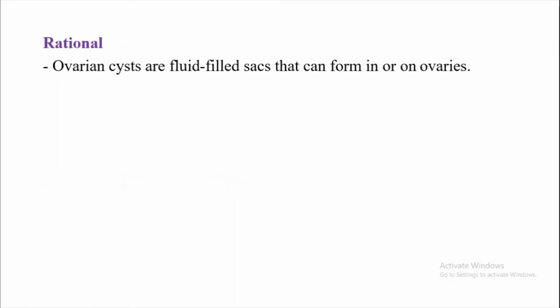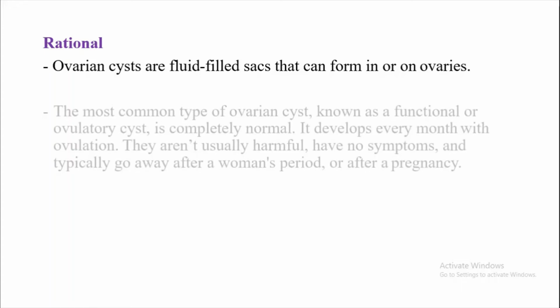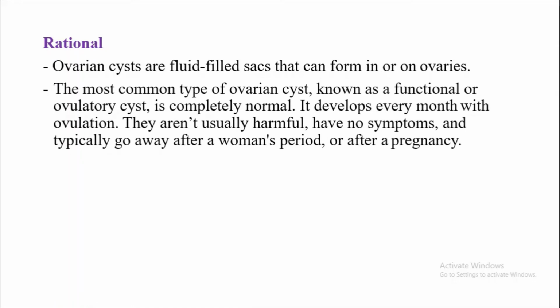Ovarian cysts are fluid-filled sacs that can form in or on ovaries. The most common type of ovarian cyst, known as functional or ovulatory cyst, is completely normal. It develops every month with ovulation.